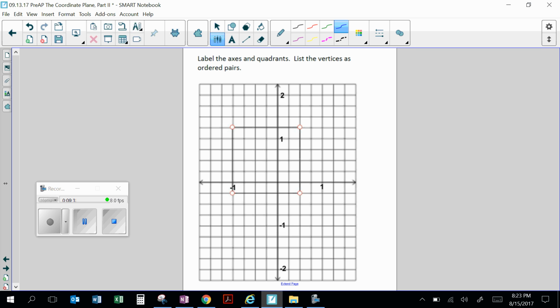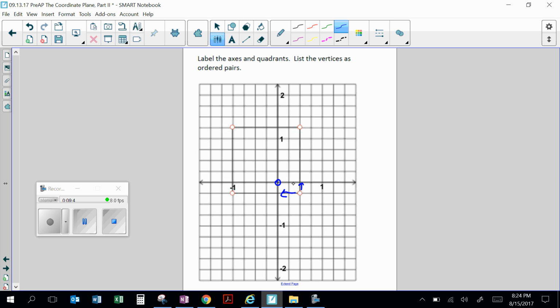And our last example is a rectangle. As you can see, the vertices or the corners of this rectangle are shown below. Can you name each vertex? Let's start with this one. Here's 0, here's 1.